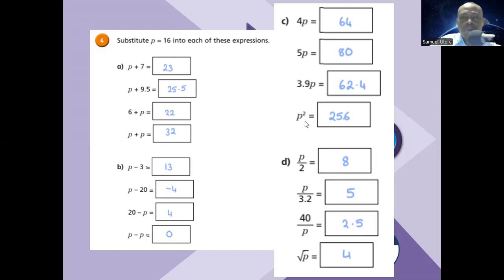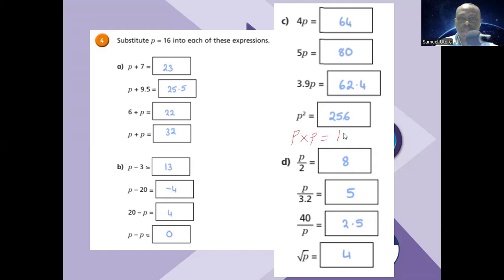p squared, or p to the power 2, means p times p. So it's the same thing as saying 16 times 16. Okay, this one here. So p squared means p times p.